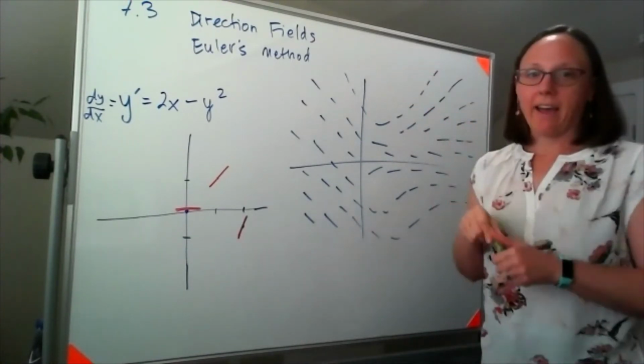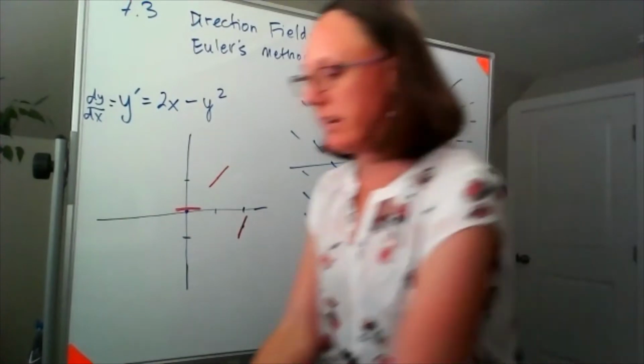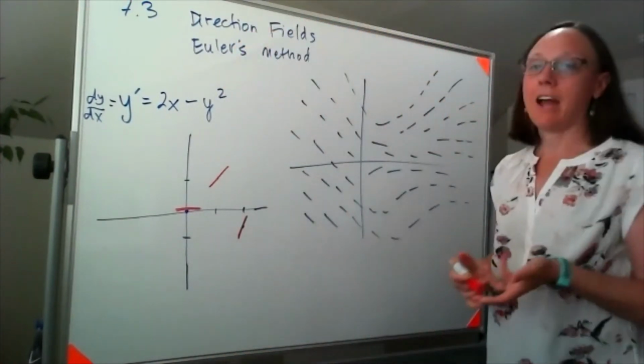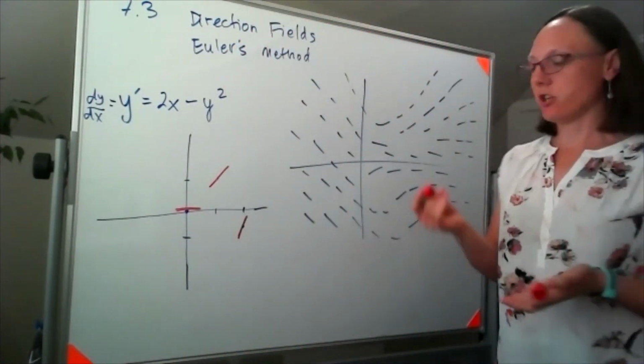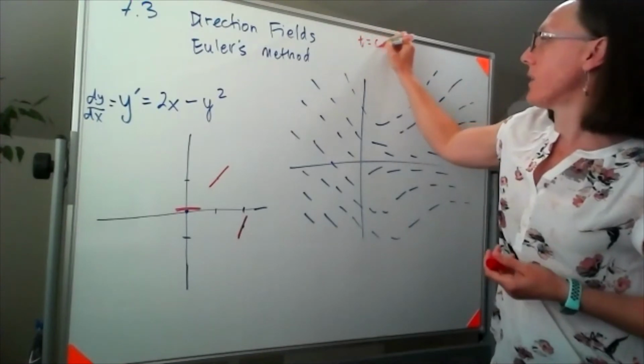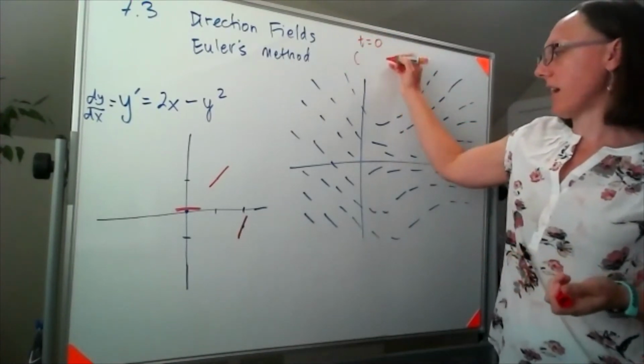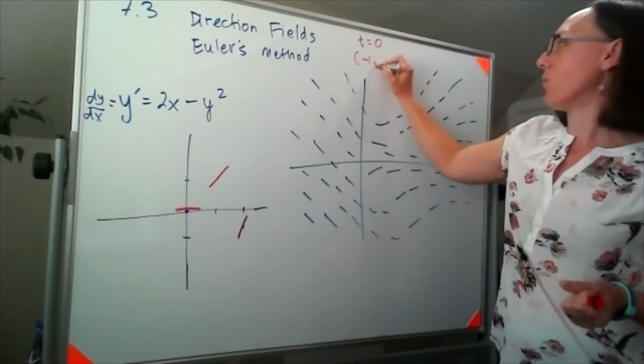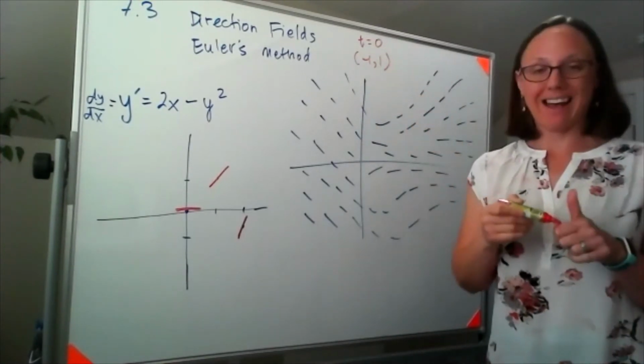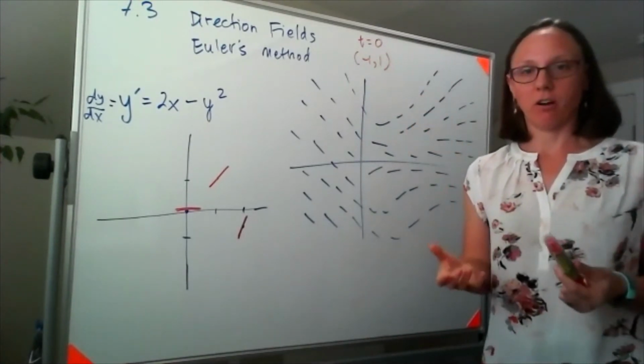So maybe I'm given some sort of direction field, and I'm told that our initial condition, so when t equals 0, we're standing at the point (-1, 1), and then I might be asked to sketch the solution curve.